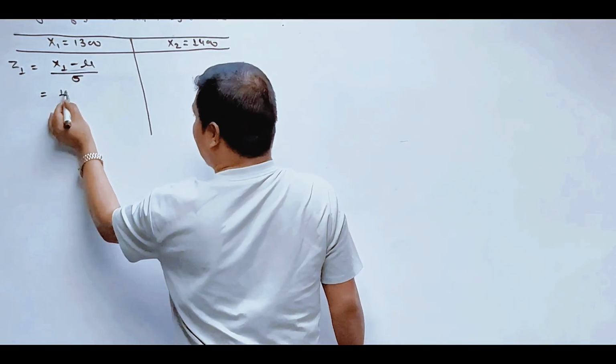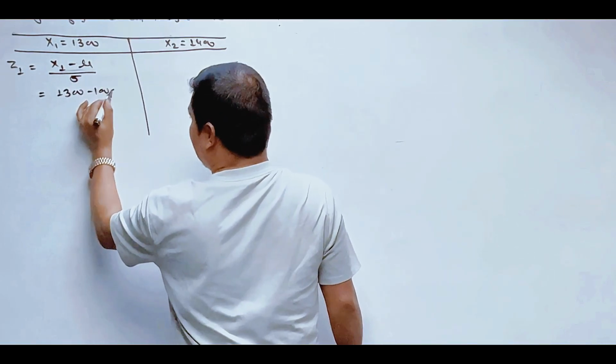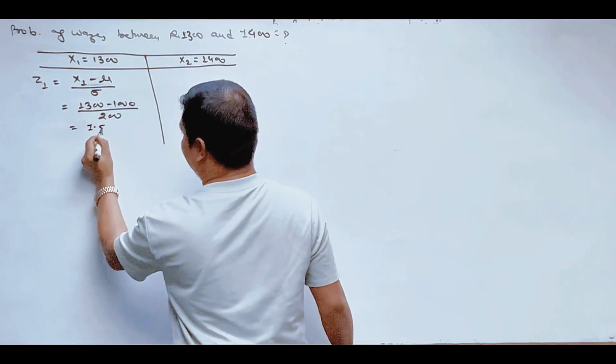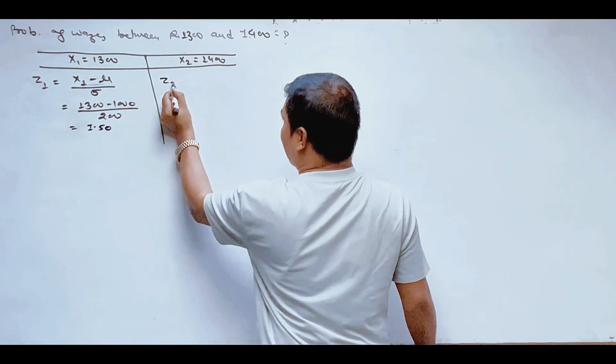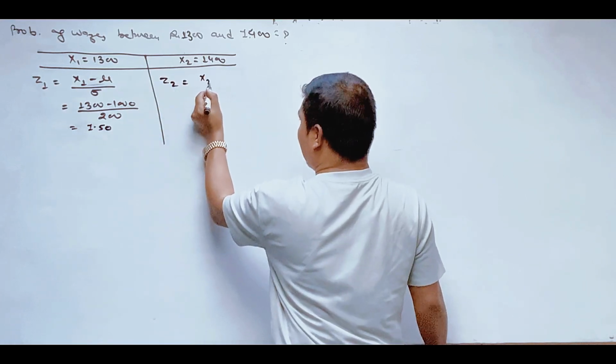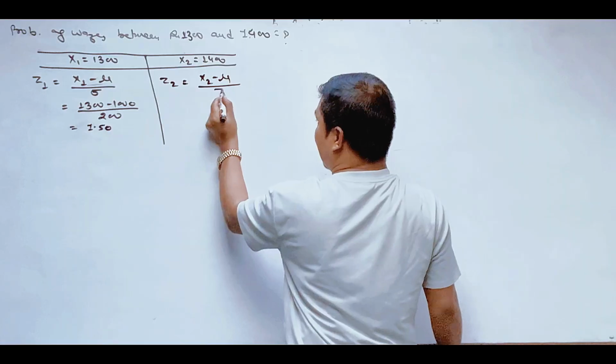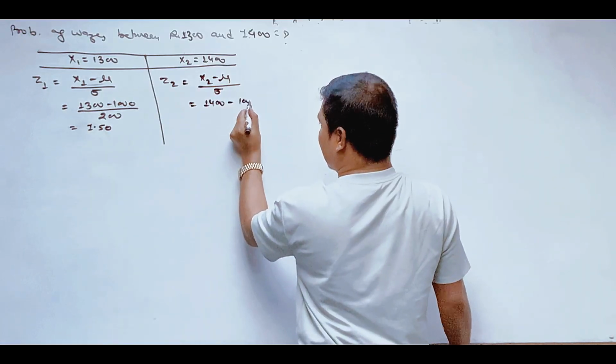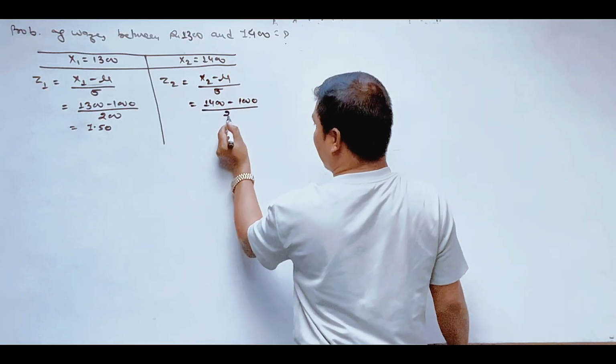It means 1300 minus 1000 divided by 200, which is 1.5. And z2 can also be obtained from the same formula, (x2 minus mu) divided by standard deviation. The x2 is 1400 minus mu, 1000, divided by 200.